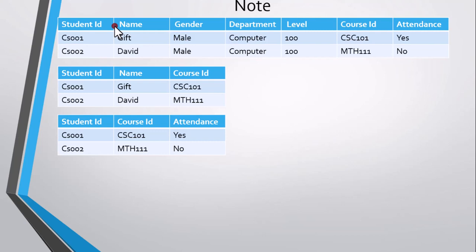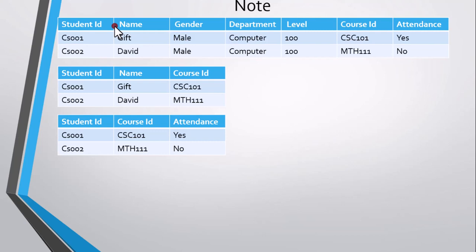Take for instance CSC 001 in the first table: the name is Gift, a male in the Department of Computer Science with a level of 100, and the course is CSC 101, for which the attendance is yes, that is, present.